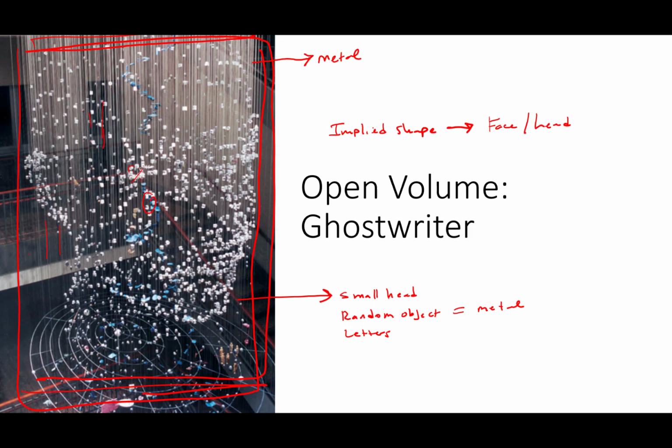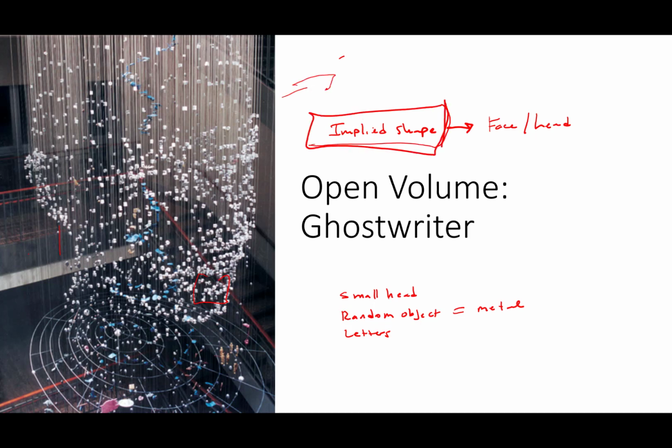So how does this work as far as playing with the sense of motion? This one doesn't have motion as much, although it has some actual motion, because if the wires move at all, you get actual movement in it. But what you do have is playing with whether you're looking close up or far away, and you see the implied shape that is only created because of open volume.